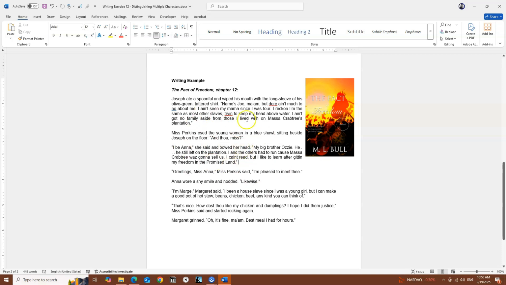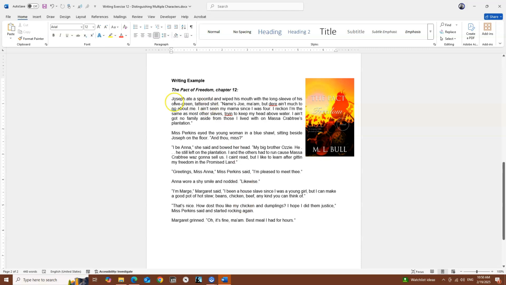I'm just going to read through this passage to show an example of distinguishing multiple characters in the same scene. And as I mentioned before, with clothing, that's pretty much what I did in this story to help identify the different slave characters.